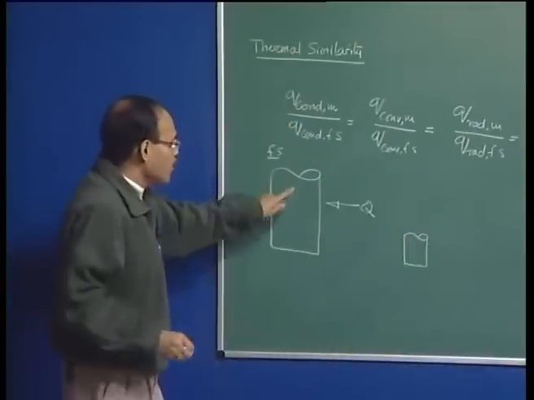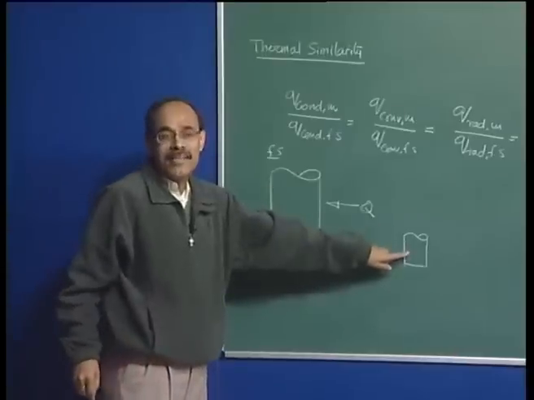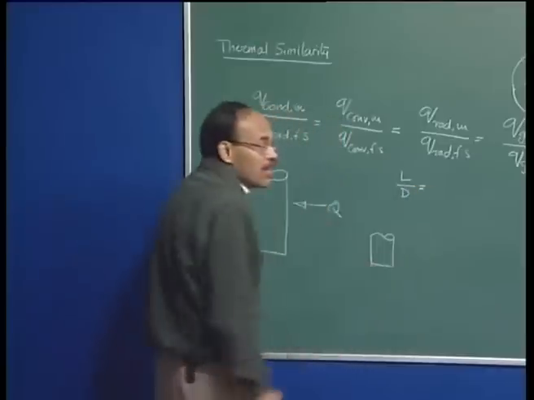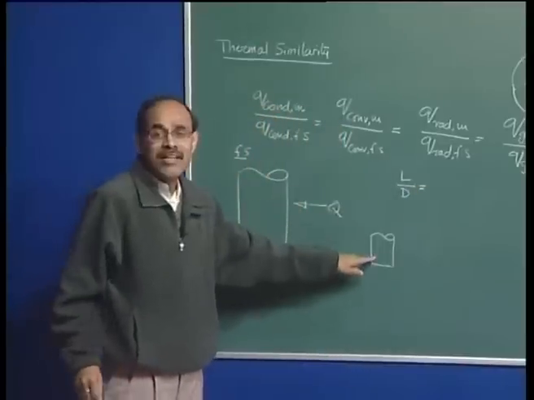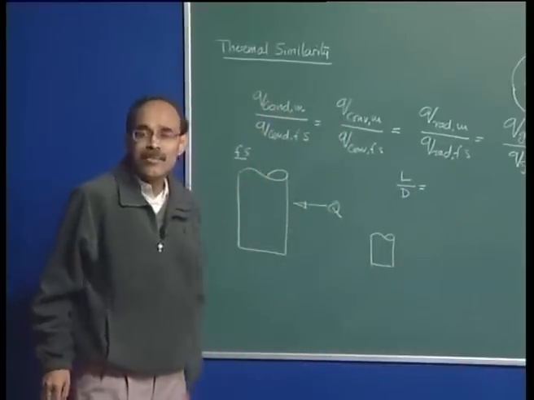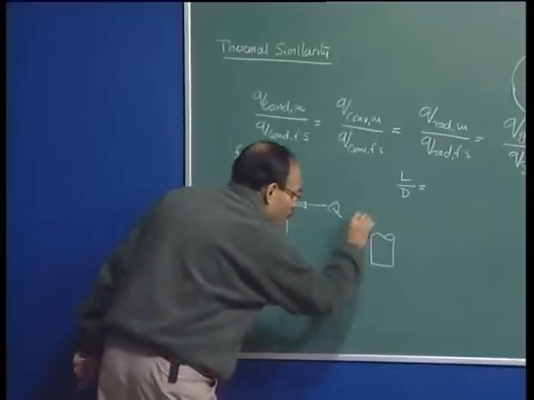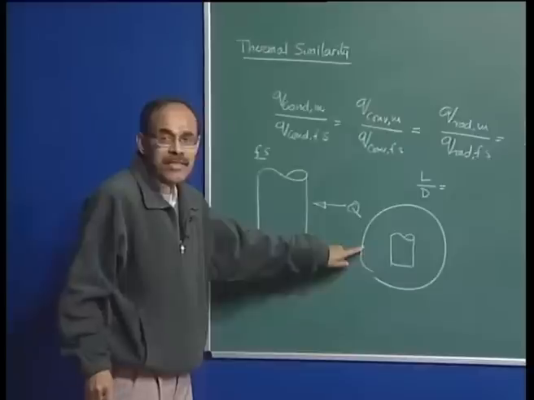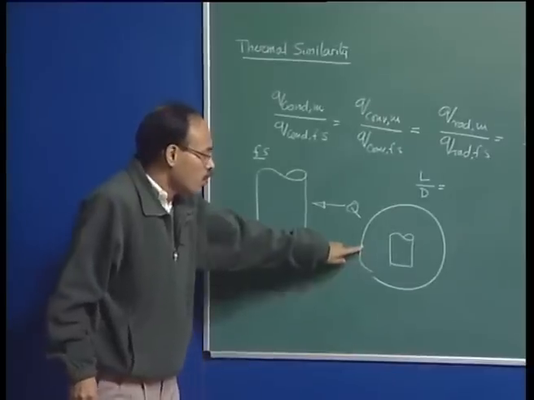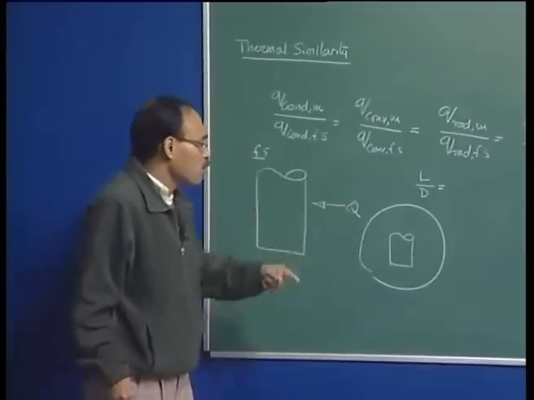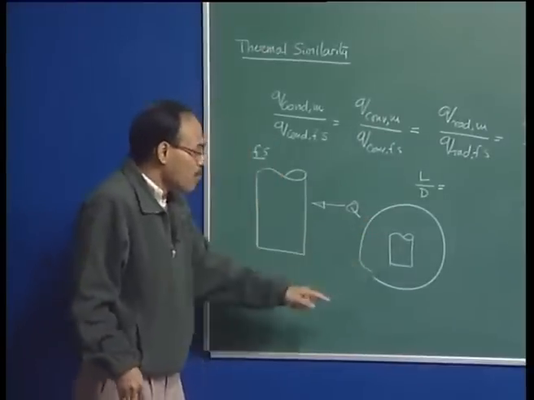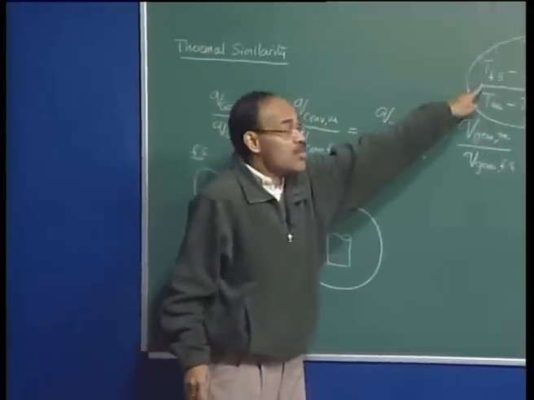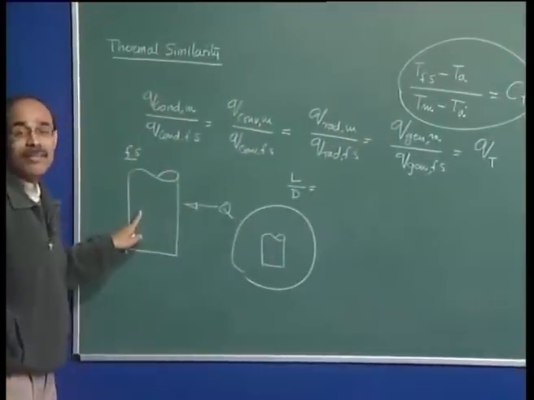If the L by D of this cylinder is exactly equal to the L by D of the model, where L by D is known as the geometrical aspect ratio, then I can say this is geometrically similar. Now, I have kept it in an enclosure, so what should be the furnace temperature? At what rate should the heat flow into the solid such that the temperature profile here and here, that means this condition, is satisfied between the model and the prototype?